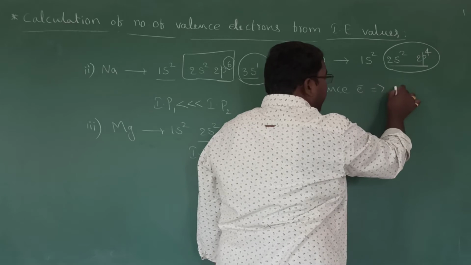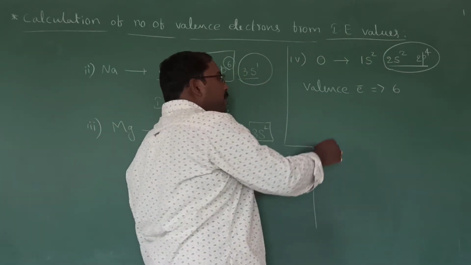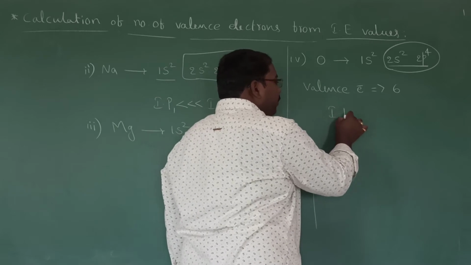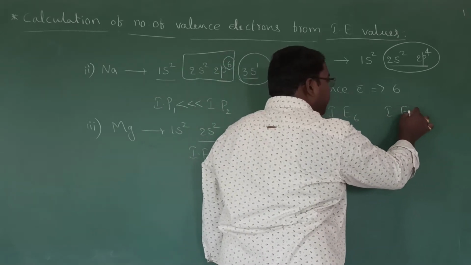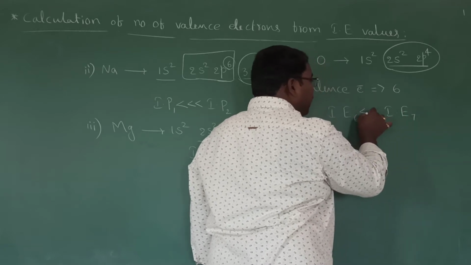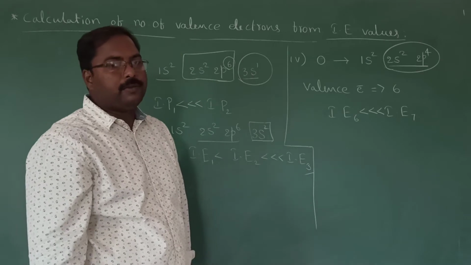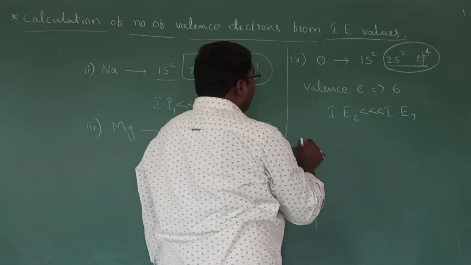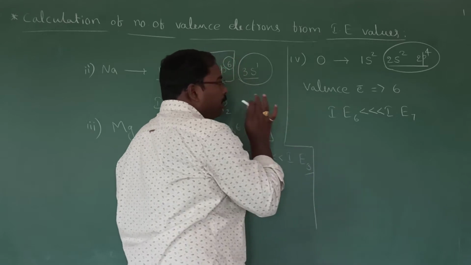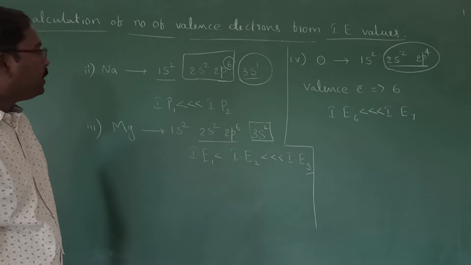So we will observe the sudden rise in the case of the 7th ionization energy value. The 7th ionization energy value is very much higher than the 6th value. Okay. I hope now you got clarity about this. Note down these examples.